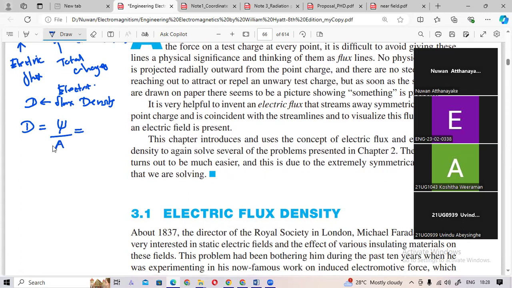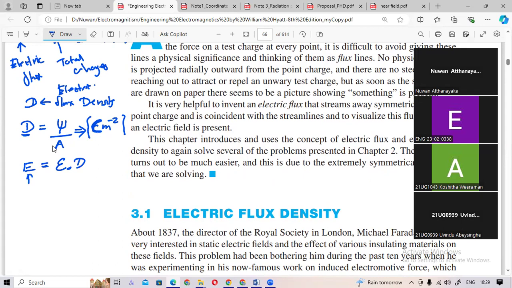So here the flux unit is coulomb and the area unit is per square meter, so the unit is C per square meter, with C capital. This is the unit for flux density, and we also know the relationship between this flux density and the field: E is equal to D over epsilon.